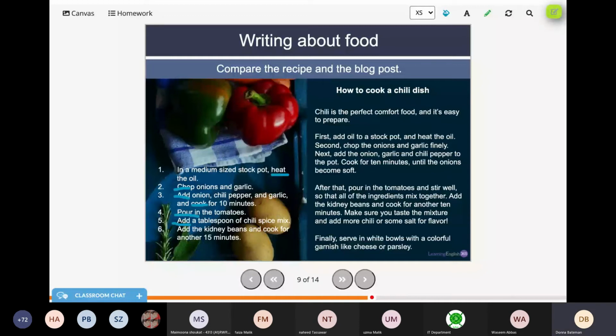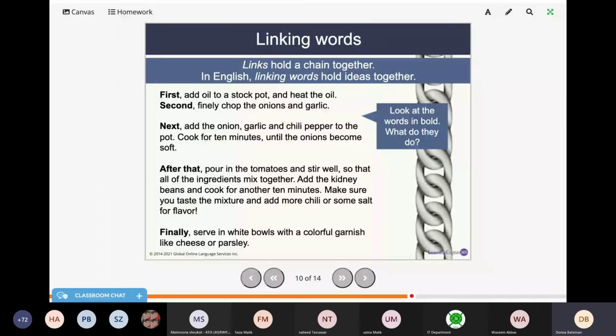Let's have a closer look at some of these linking words, these words like first and after that and finally. In English, particularly when we're writing, we like to take our reader on a journey. Whatever we're writing, we like to give clues to our reader of where we are going next. What's the next paragraph about?